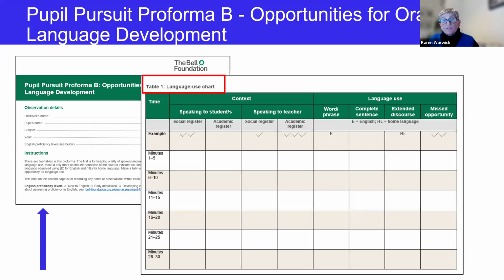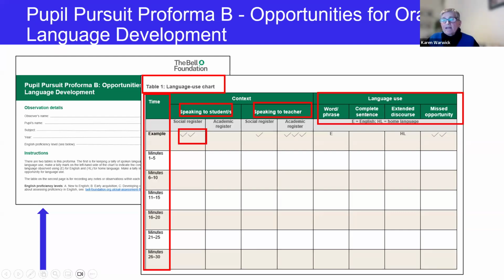And this is designed to enable you to observe in time intervals and keep a tally. As you can see there's some in there. To keep a tally of the spoken language used for different contexts as well. And there's the context you've got: speaking to students or speaking to the teacher.